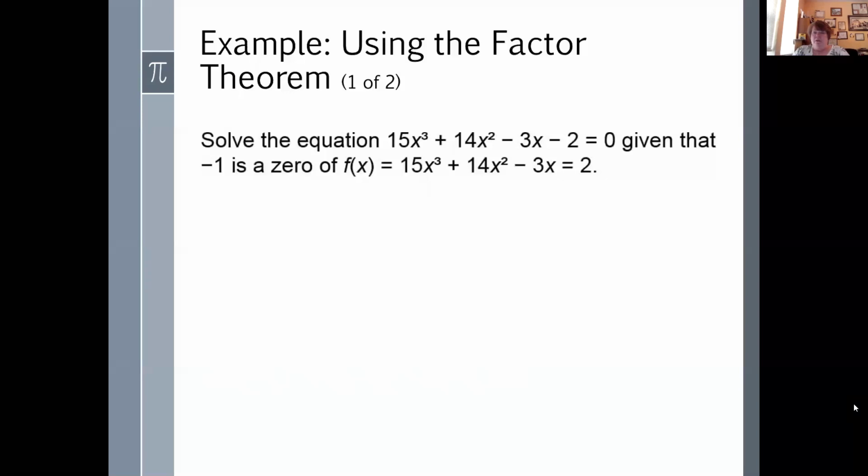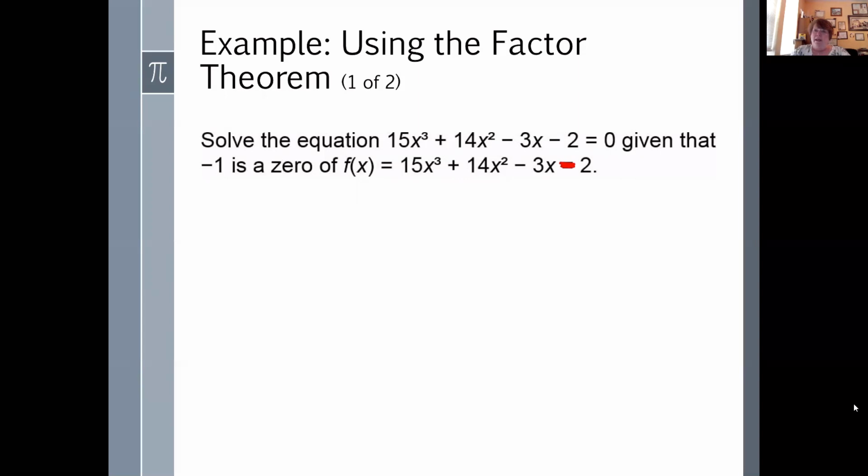Solve the equation 15x to the third plus 14x squared minus 3x minus 2 equals 0, given that -1 is a 0 of f of x equals 15x to the third minus 14x squared minus 3x minus 2. Got a typo right there. That should be minus 2. Okay, what does it mean that -1 is a 0 of that function?